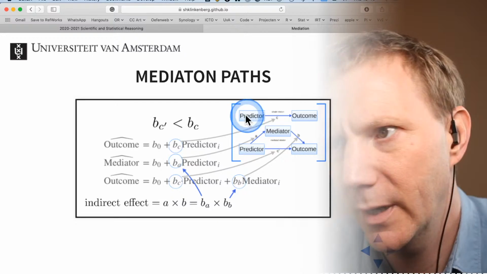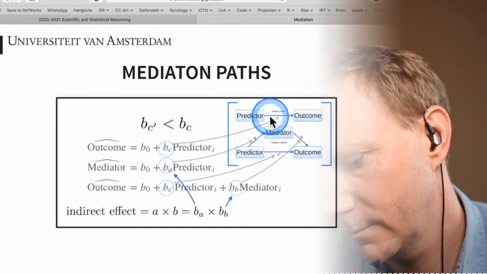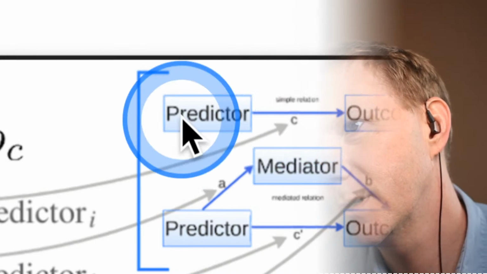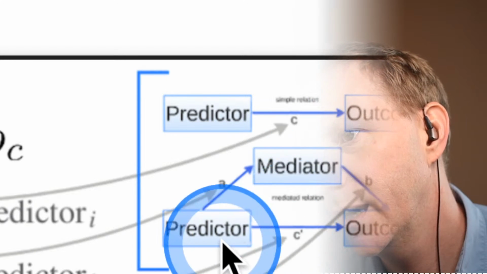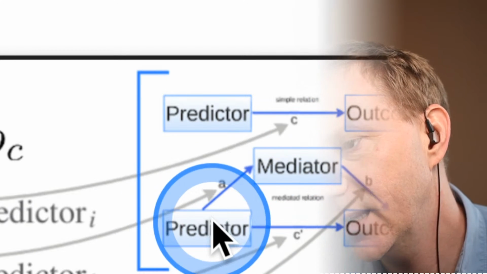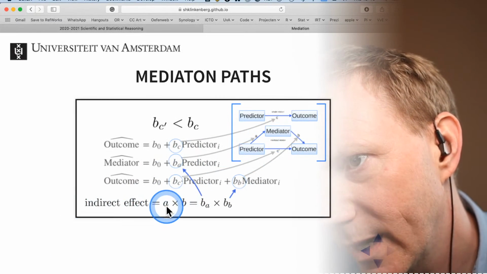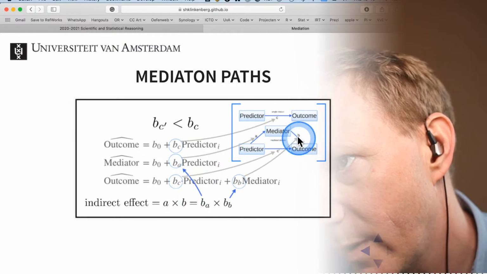No, okay. Let's see. Go back to this one again. Oh, sorry. Here. We can't see the slides. Oh, sorry. Now you can. You have the direct effects, the simple relation of predictor with the outcome. You have C accent, and the indirect effect. Indirect effect is the multiplication of A times B, so it's this path.